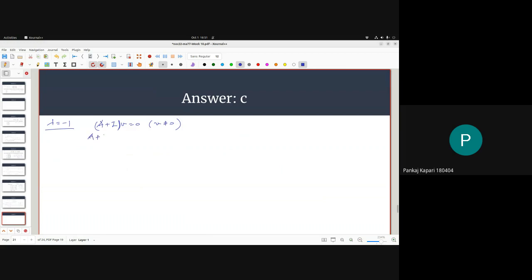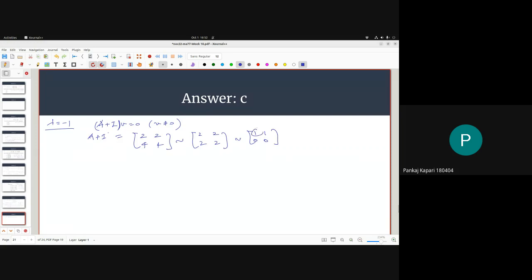So what is A plus identity? This is 2, 2, 4, 4. Divide the last row by 2, you have 2, 2, and now subtract these rows, or you can divide also. When you subtract, you will have 0, 0, and then divide by 2, you have 1, 1.